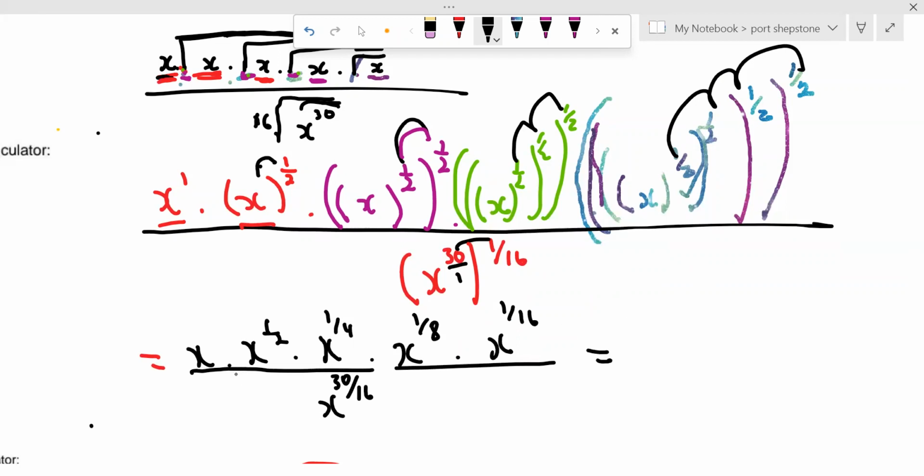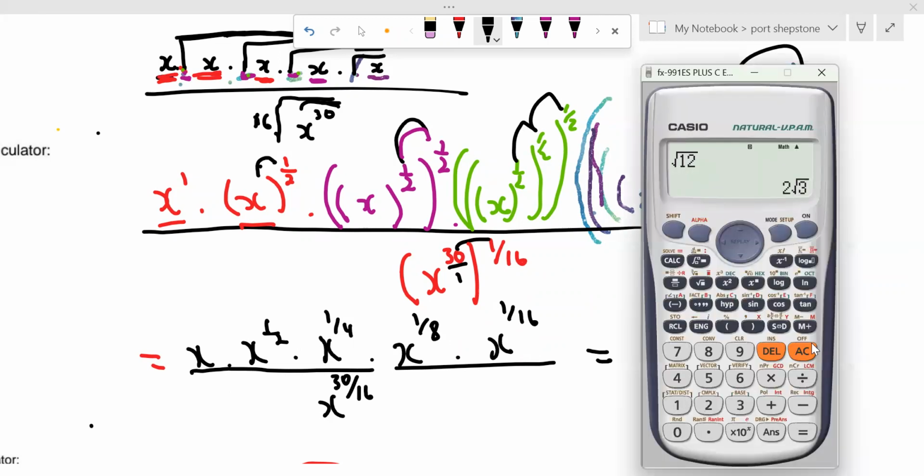Okay, now we have laws of exponents when we are multiplying. When you multiply powers of the same base, what do we do with the exponents? We add them. So let's add the exponents. So we have 1 plus 0.5. Let's do it that way so that you don't complain and say, where does that one come from?